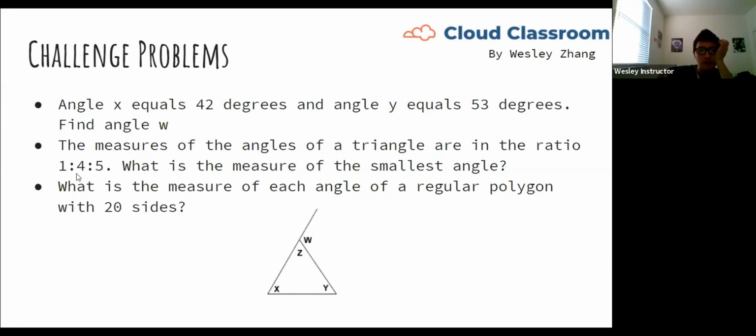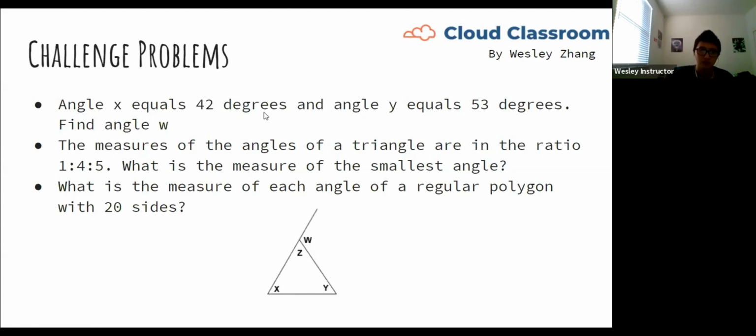All right, a little review for ratios. The measures of the angles of a triangle are in the ratio 1 to 4 to 5. What is the measure of the smallest angle? We want to set up a ratio of the smallest angle to all of the interior angles combined. The smallest angle is 1, and when we add up all of these numbers, 1 plus 4 plus 5, we get 10.